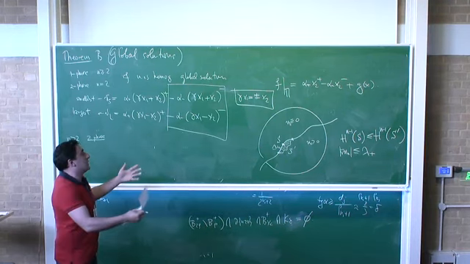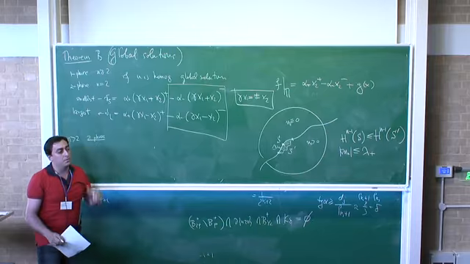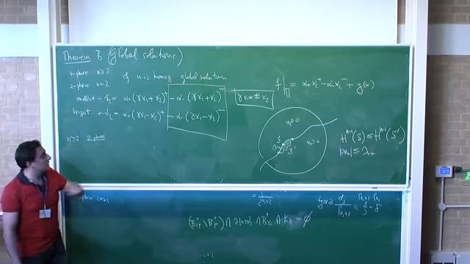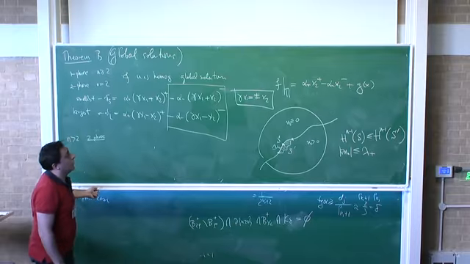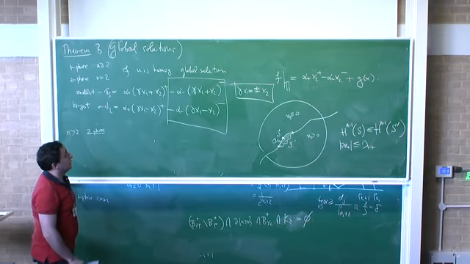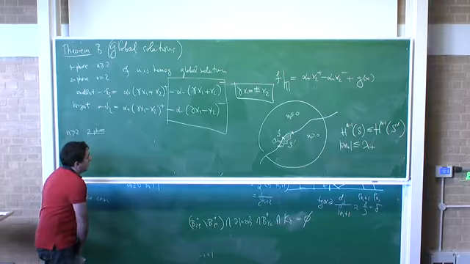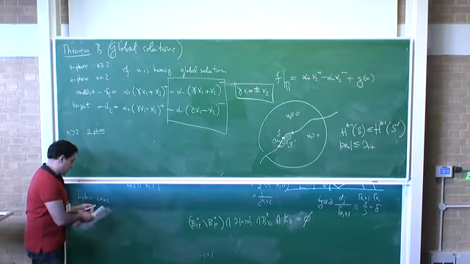So this is not true. I mean, this is not available for two-phase problem. If you are in dimensions higher than 2, then this doesn't work. And there's a crucial fact that one uses in order to get this formula for global solutions.